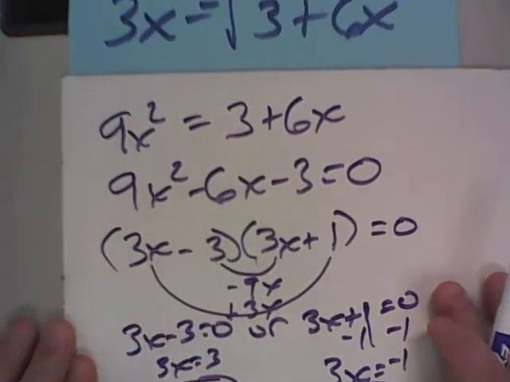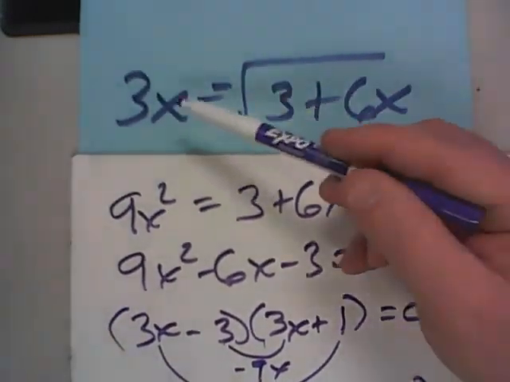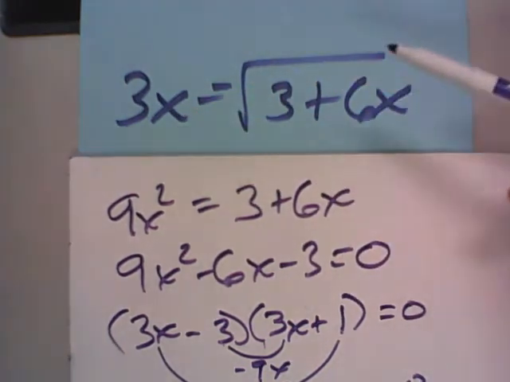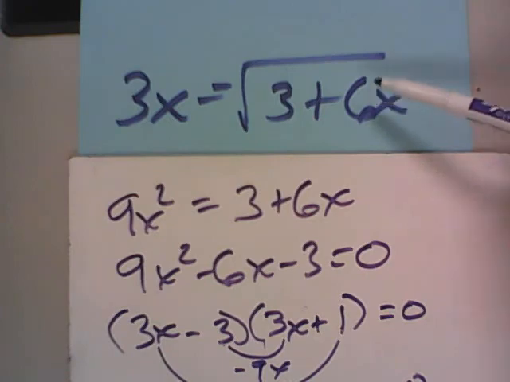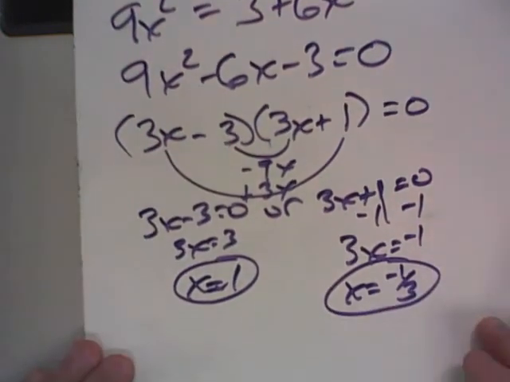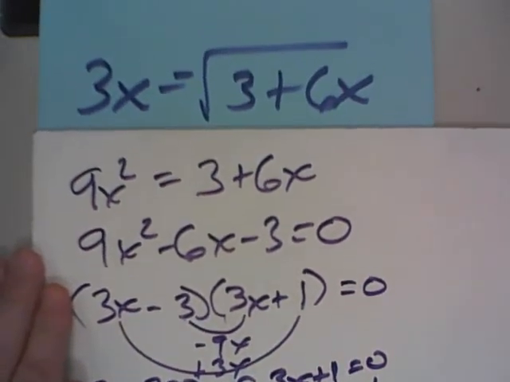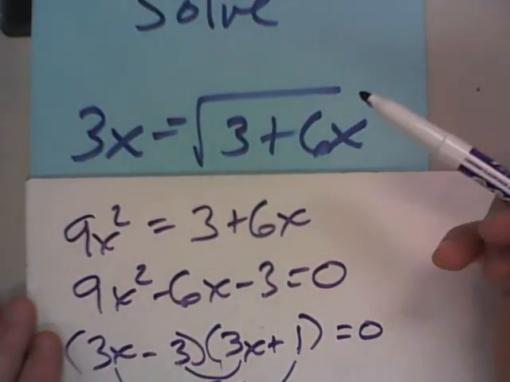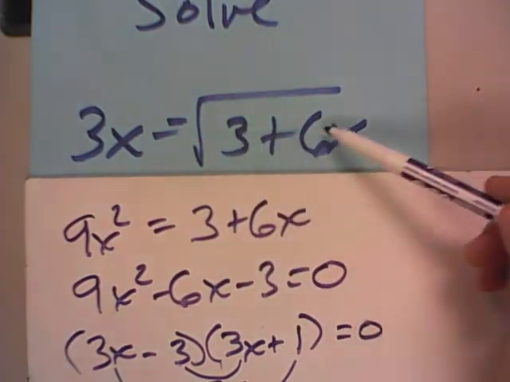But what we should probably do is just check these, because one of them might be extraneous. If I start with 1, and I plug 1 in here, on this side I'll have 3. And if I plug in 1 here, I'll have 3 plus 6, which is 9, and the square root of 9 is 3. So 1 is a good answer. However, negative 1/3, I can tell, is not going to work, because if I plug a negative 1/3 in here, 3 times negative 1/3 is negative 1.